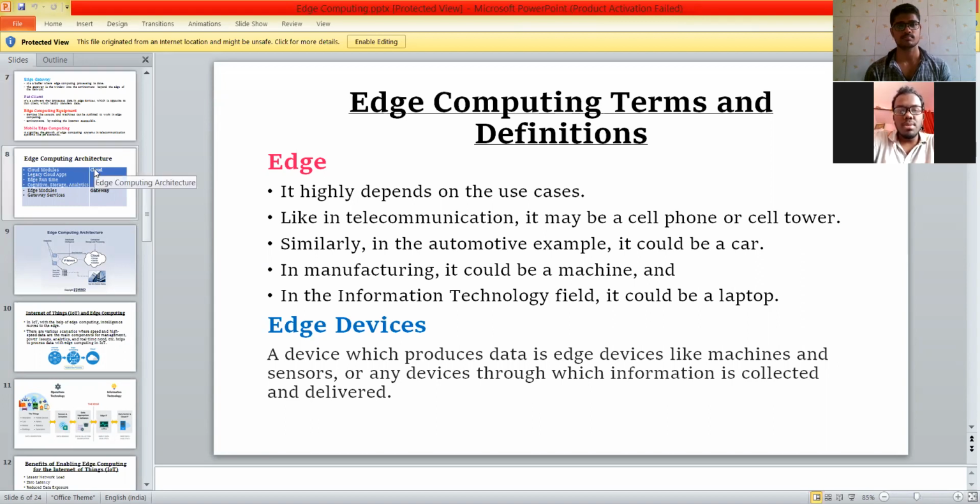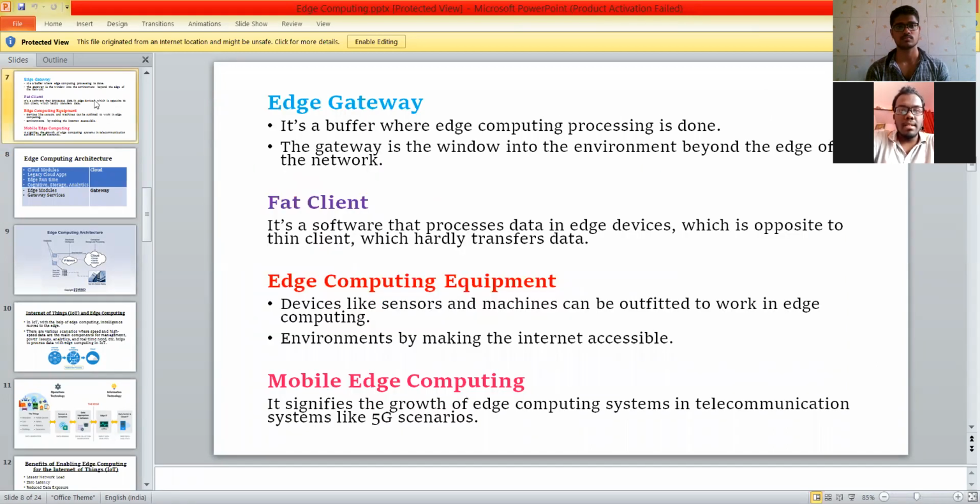A device which produces data is an edge device, like machines and sensors or any devices through which information is collected and deliberated. And we can use an edge gateway, thin client, edge computing equipment, and mobile edge computing.